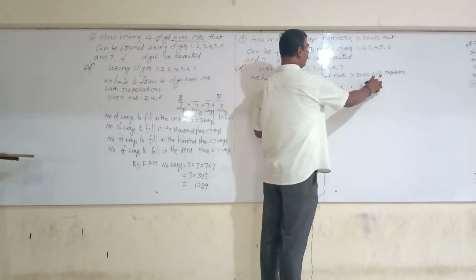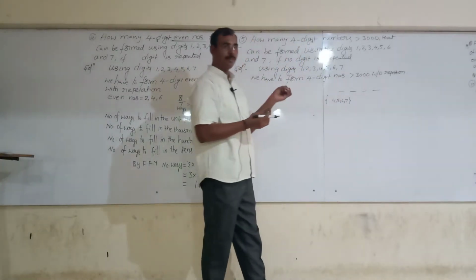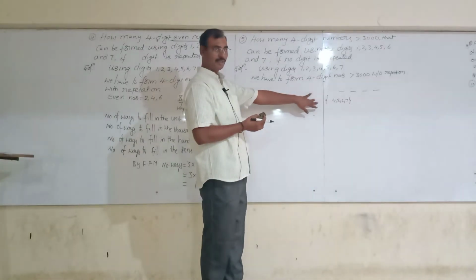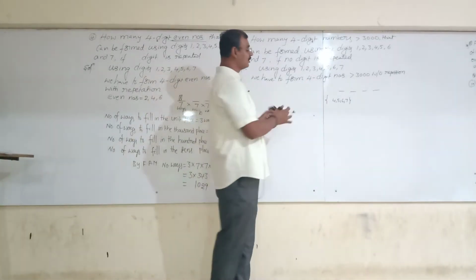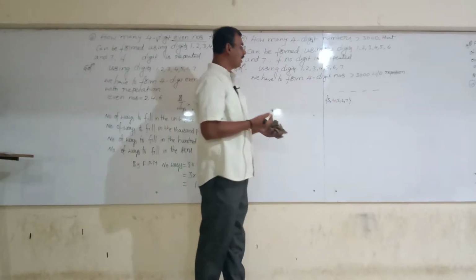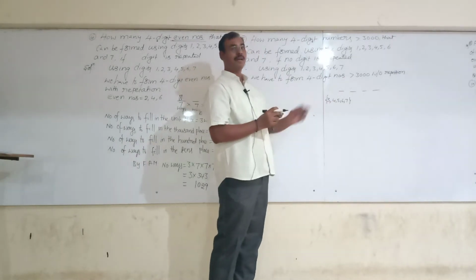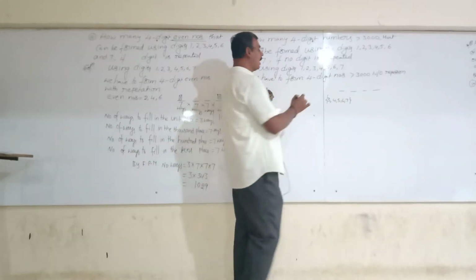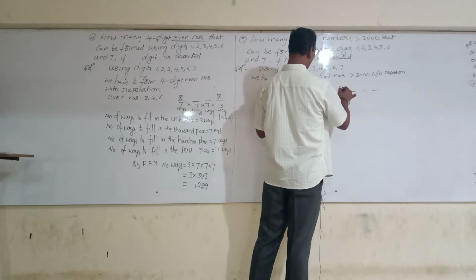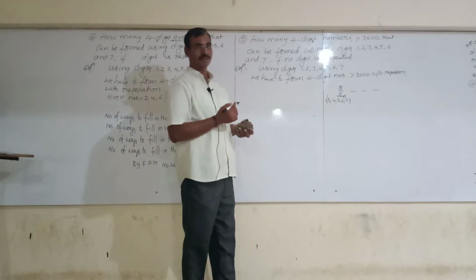Hence it is a 4-digit number more than 3000. So the number 3 is also allowed here, so the 4 ways is wrong. With the 3, I can fill the leading position in 5 ways. Beginners make this mistake.